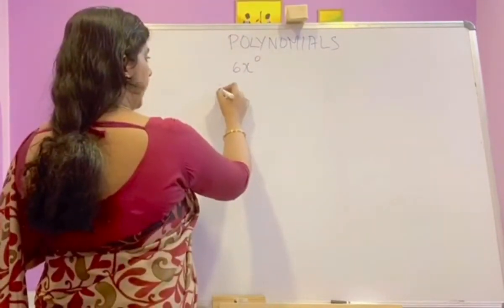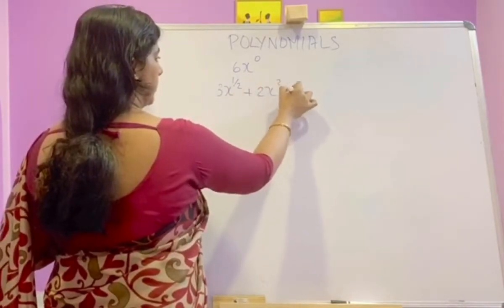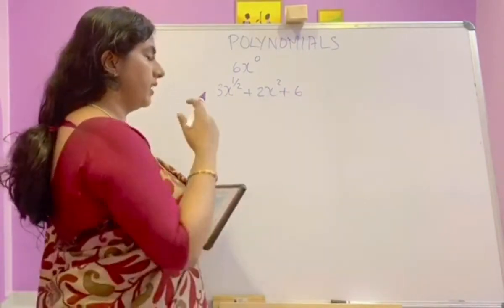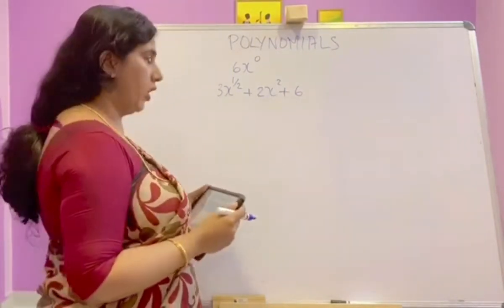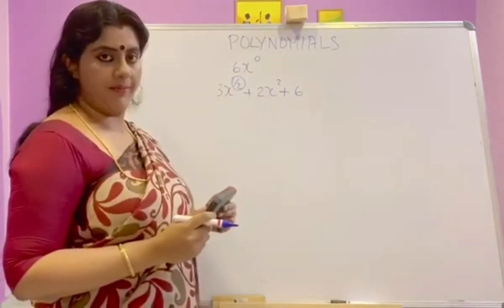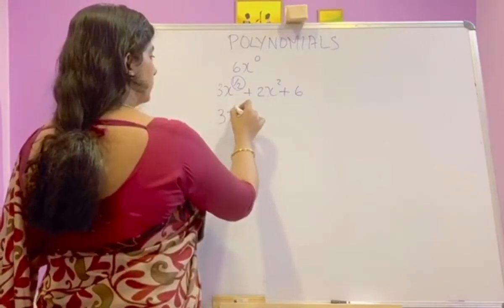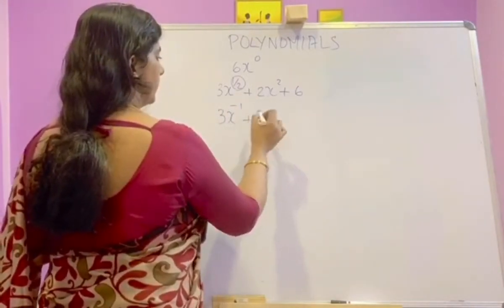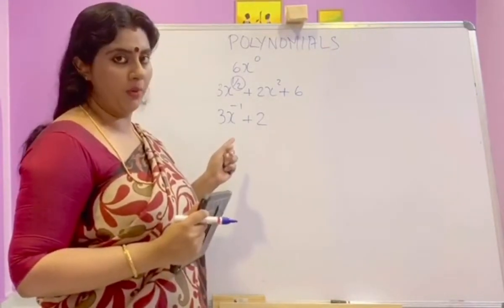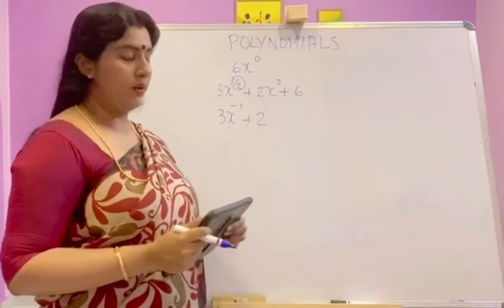Now, in the case of this polynomial, we can't say this is a polynomial because here in the power there is a fraction. Now this is also not a polynomial because in the power there is a negative value.